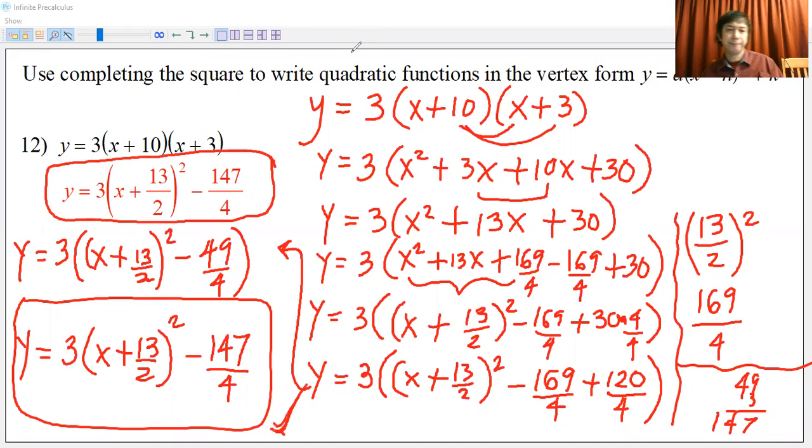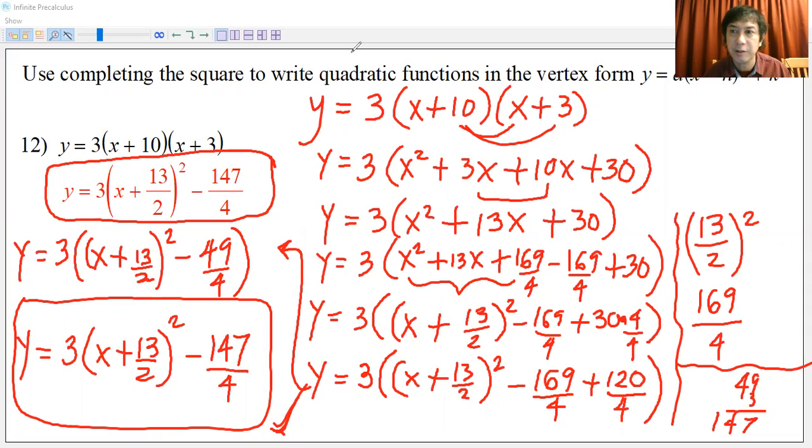So that's a minus 147 over 4. That's the k. Our h there is negative 13 over 2. You can figure that out later. So what requirement we have here is just the equation. All right. So that's finished with number 12.